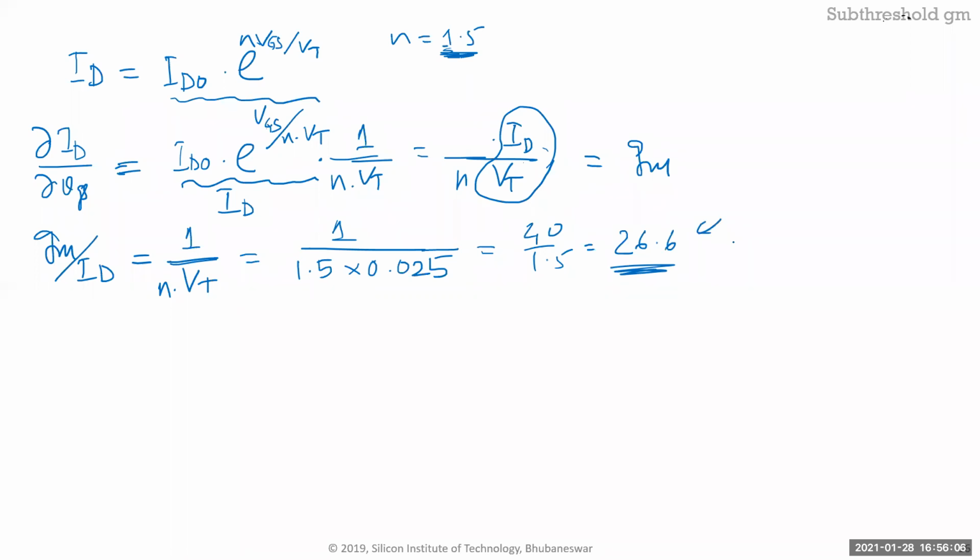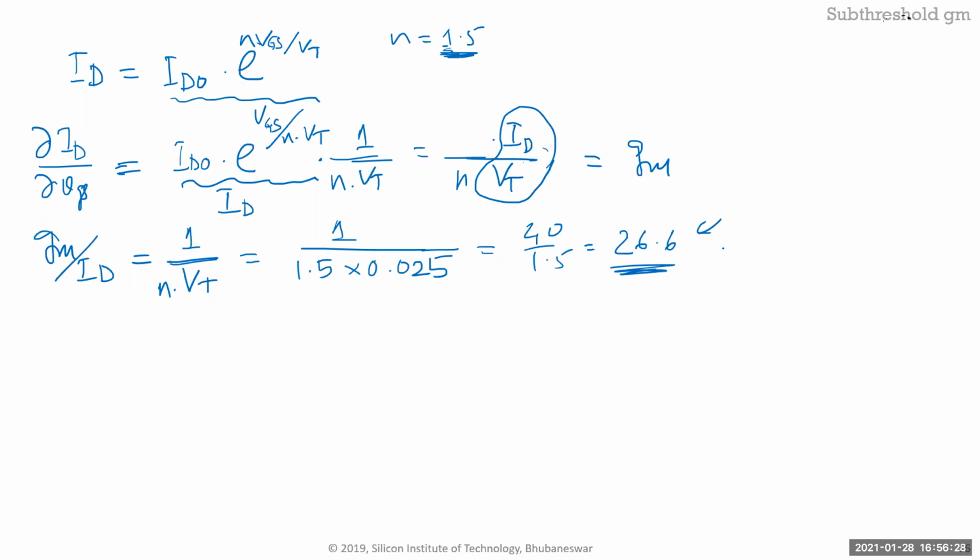And just remember this number. When you start doing analog design, you'll be using this number a lot. Not 26.66 exactly, but trying to get to it. So when your device is in deep subthreshold, your GM over ID is about 26.66.